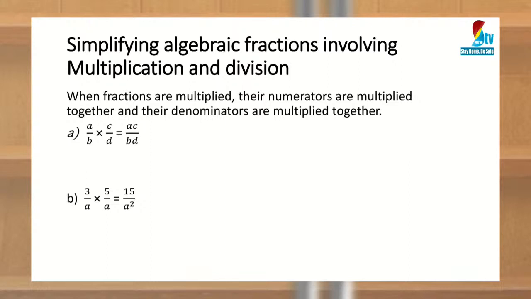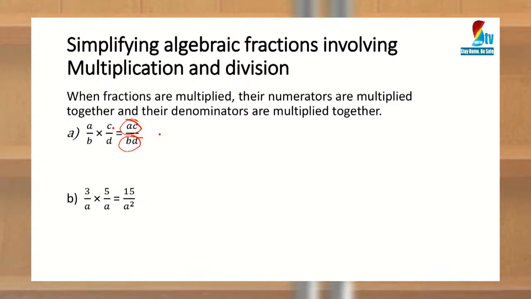A is our numerator, b is our denominator. So if I'm going to multiply my numerators and then multiply my denominators, I'm going to say a times c, which is going to give me ac, b times d, which is bd. It is now in its simplest form because there are no common factors.